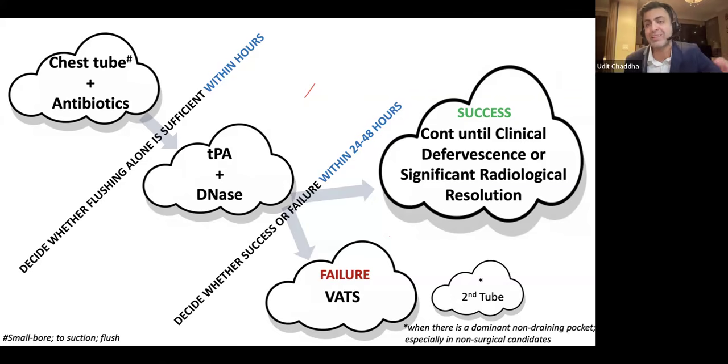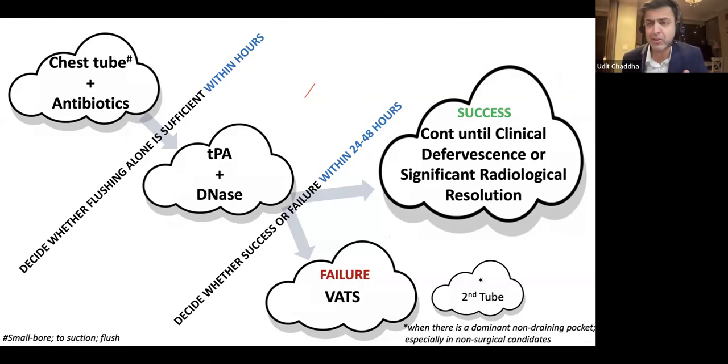So a medical thoracoscopy is not a replacement for VATS in someone who is a surgical candidate. In someone who is not a surgical candidate, or if surgical expertise is not available, early medical thoracoscopy, which means still within that 2, 3, 4 day time period, is a reasonable option, understanding that you may fail 20% of the time. So it's a consent with the patient.